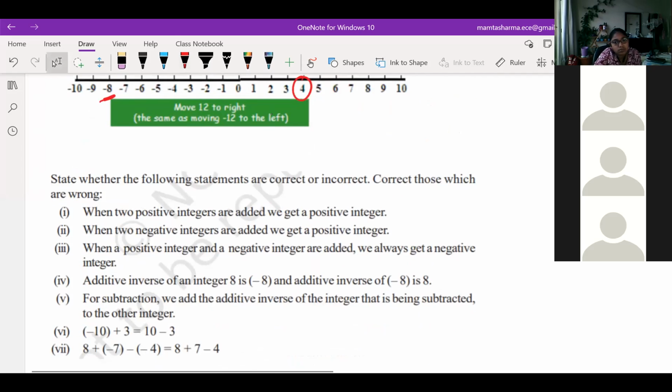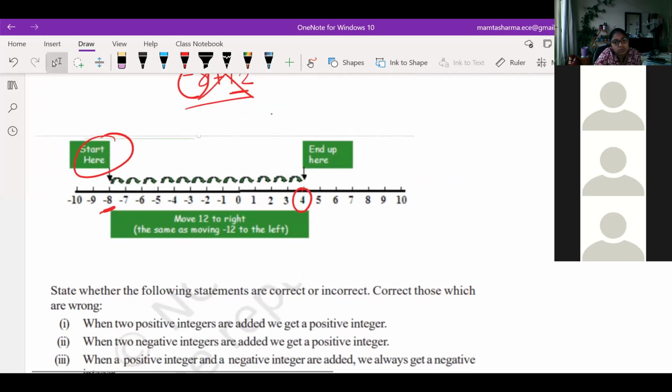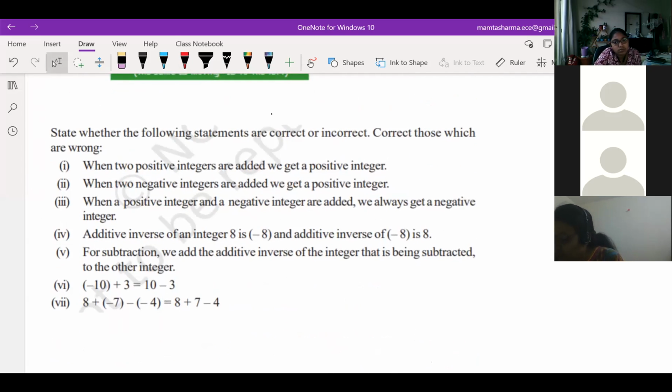Now I will ask you one by one. Till now, is there any doubt? No, ma'am. Okay, for everyone it is clear. In the revision part we will give less time to theory, and we will solve more questions.